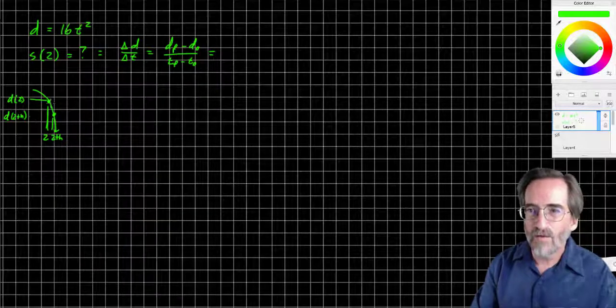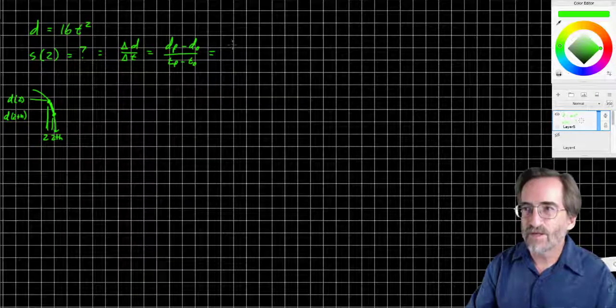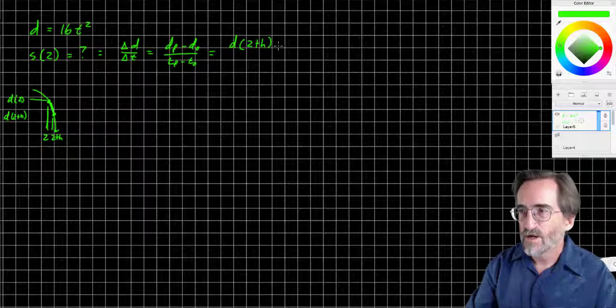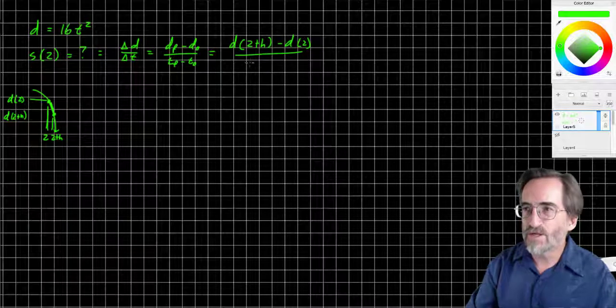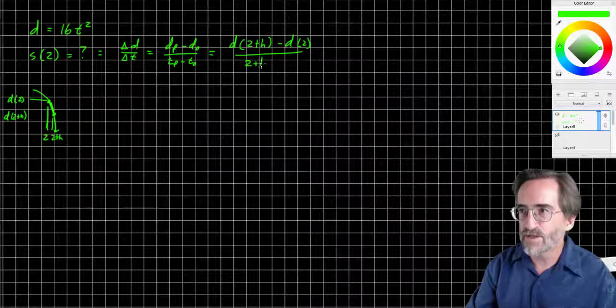And we find the slope between those two points, right? So the displacement at 2 plus h, minus the displacement at 2, all divided by the change in time, 2 plus h, minus 2.